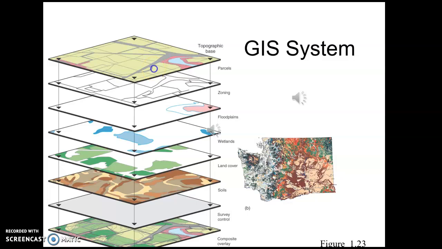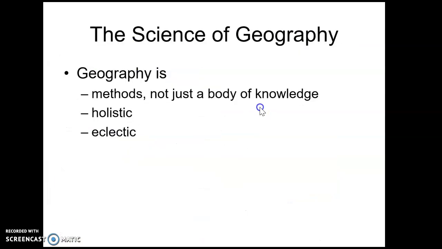So, in studying the whole field of geography, parts of geography we would call scientific, where we use scientific methods. So, geography is methods, not just a body of knowledge. It's not just, oh, where are the lakes and rivers and streams and so on? Where are the mountains?